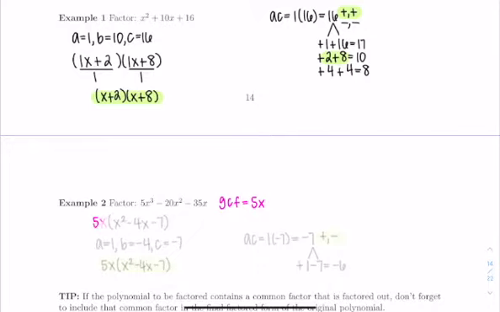When I do that, what I end up with is x squared minus 4x minus 7. We want to factor the x squared minus 4x minus 7 piece. We will just copy and paste the 5x down the line.